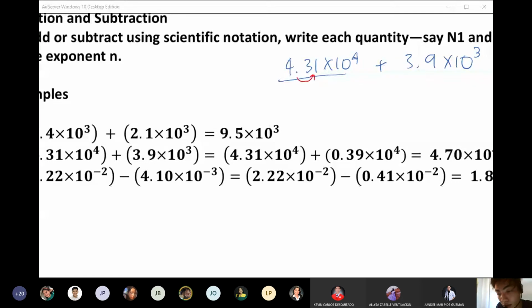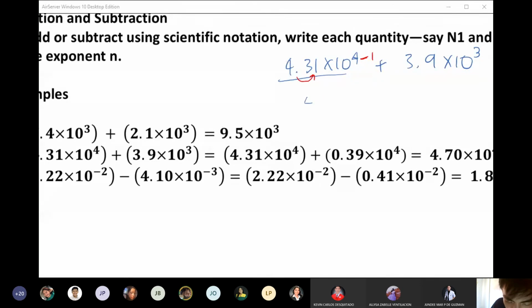As I told you again, I want to reiterate always, para maisip natin always. Every time you move to the right, that corresponds to a negative 1 value for the exponent. So, I moved 1 step to the right, so my exponent is decreased from 4 to 3.